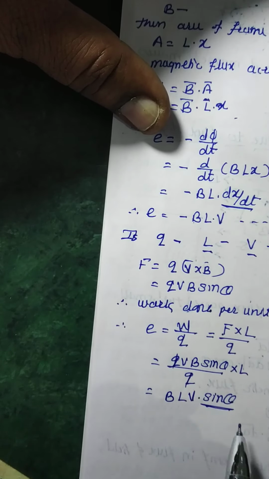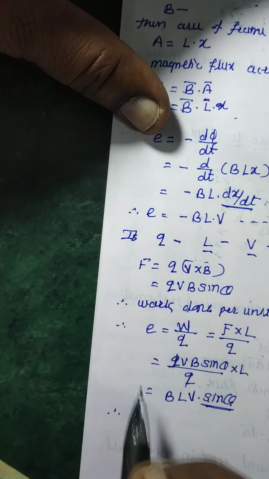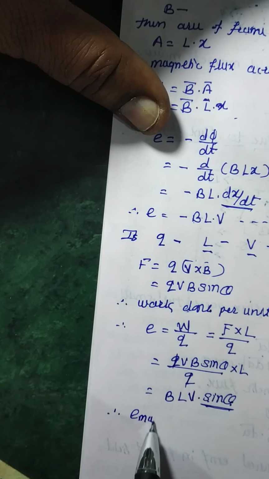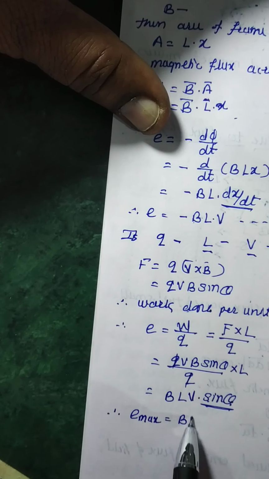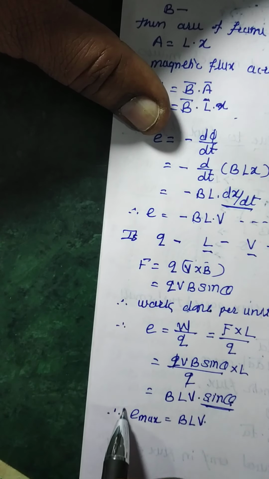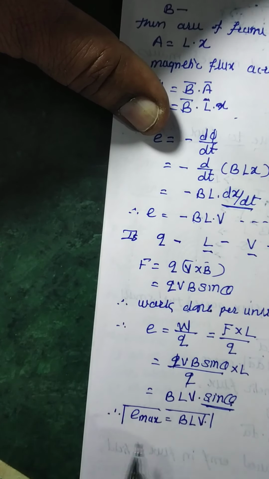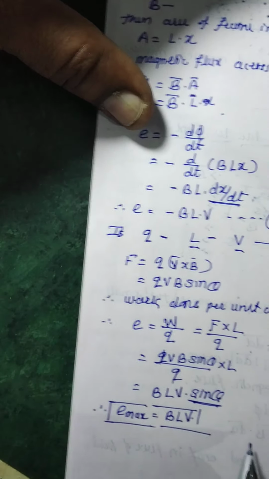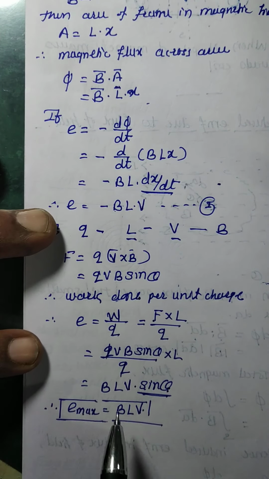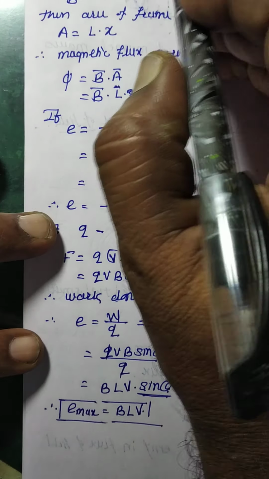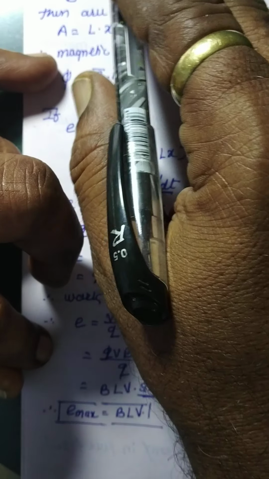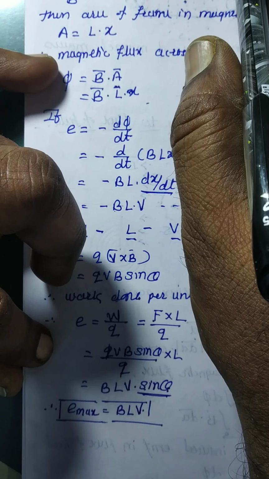Since the maximum value of sin theta is 1, the maximum EMF E max is equal to BLV. This is the maximum induced EMF due to translational motion of conductor.